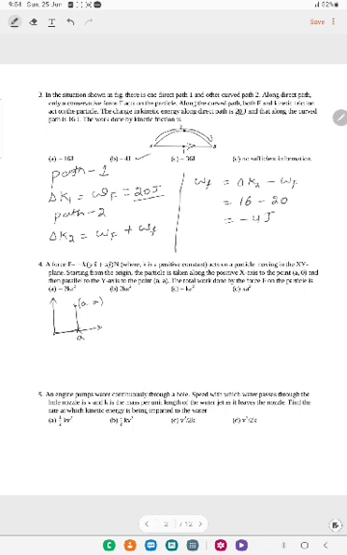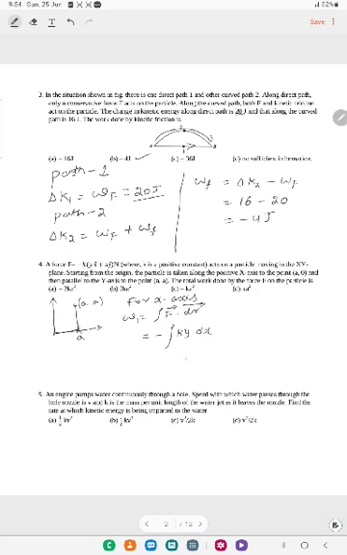We need to calculate it. To calculate the work done, first calculate the work done along the x-axis, W1. The work done formula is the integral of F dot dr. That is minus the integral of the force along the x-axis, k y, into dx.